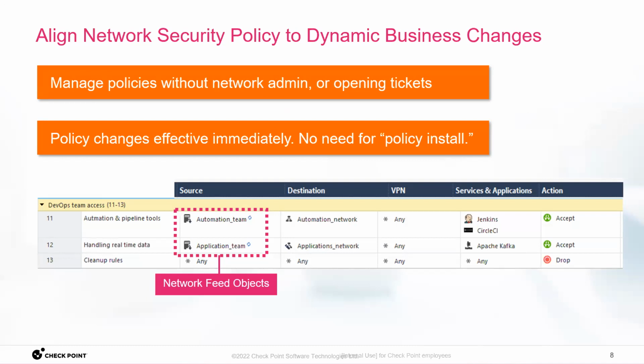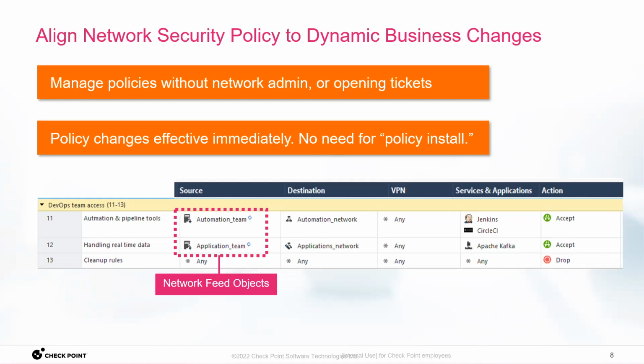And now we are adding a new object to the management, which is called a network feed. The network feed is actually pointing to a URL which holds a file, and the file can contain IP addresses or domains or both.